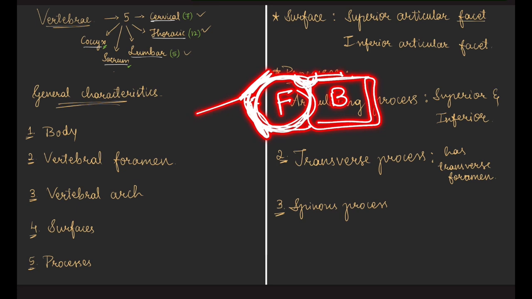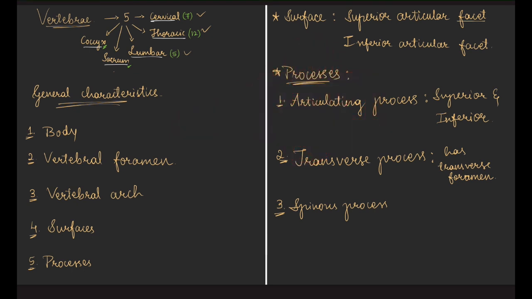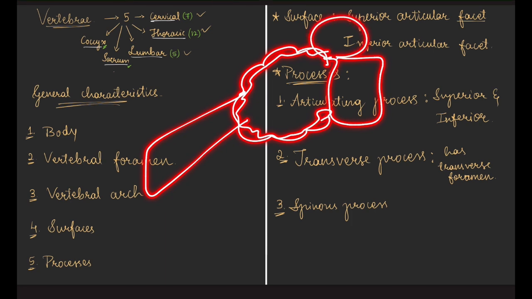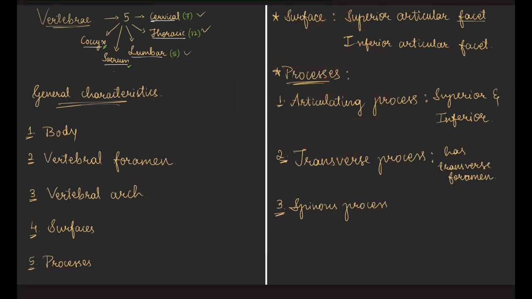It has processes such as the spinous process and the transverse process. This is the transverse process, this is the spinous process, and one more articulating surface will be here. So there is a body, a foramen, a spinous process, a transverse process, and an articulating process. Okay, these are the general characteristics.